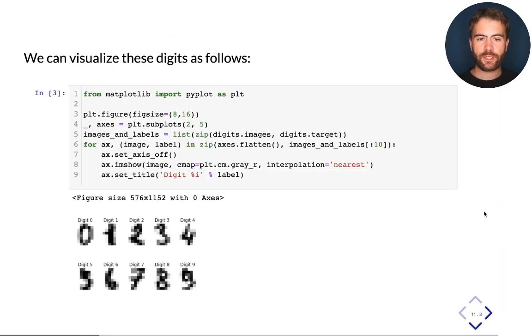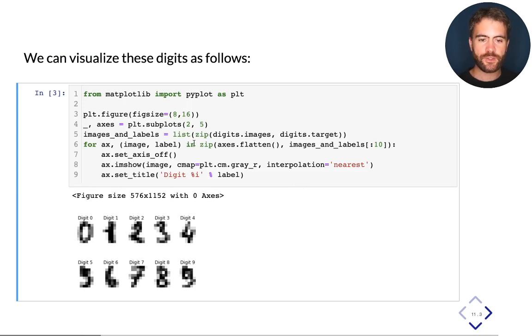I have just loaded it, and we can visualize these digits in scikit-learn or using matplotlib as follows. Here I have printed one sample from each digit, and you can see that there's 10 of them and they look like the digit in question.